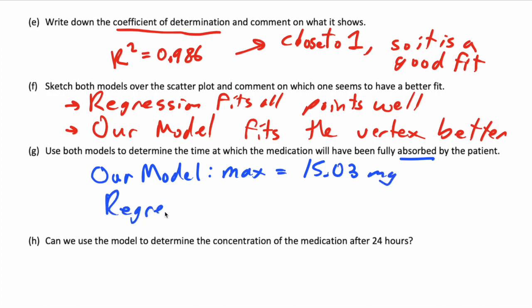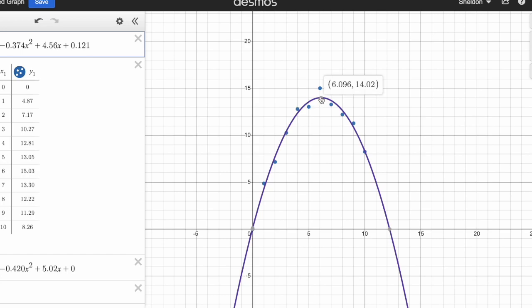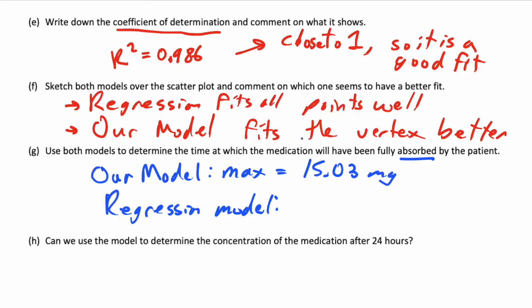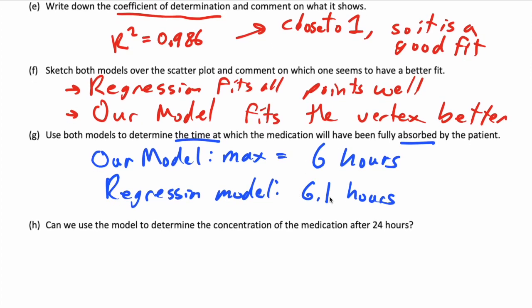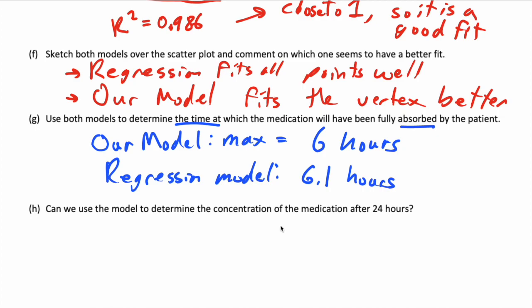And for the regression model, we can check out the maximum of this graph. Oh, sorry, I think they want the x value here, 6.1 hours. And for our model, I think we needed the x value, so 6 hours. Because they're asking at what time, so after 6 hours, or 6.1 using our regression model.